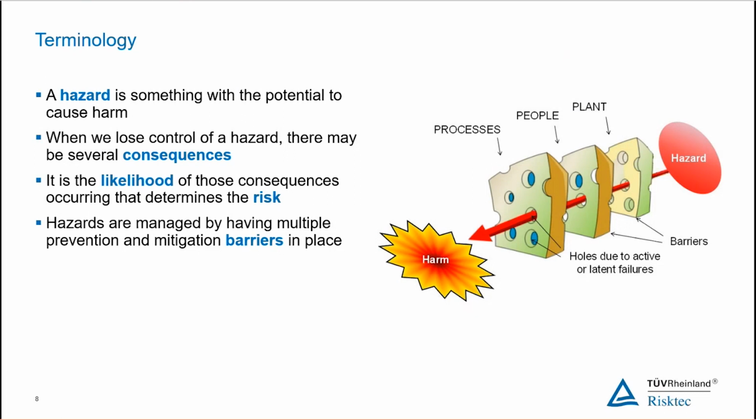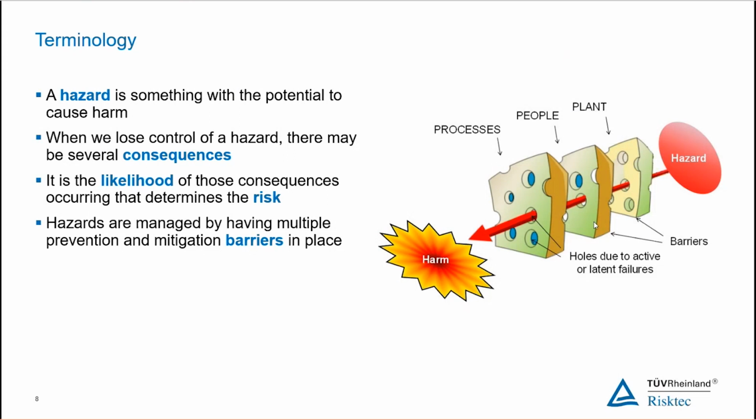So basically, when we're talking about risk assessment, what we're trying to do is to understand the scenarios, the hazard that leads to the harm. That's what we're responsible for managing, and then the barriers that we put in place so that we can make sure that those barriers continue to work. But we also have to be aware of this concept of weaknesses. The better we understand the barriers, the more we can identify the weaknesses.